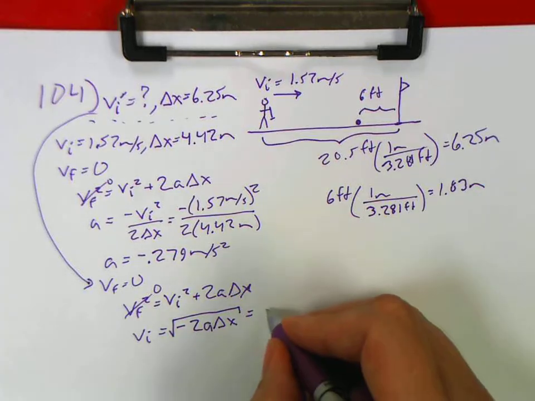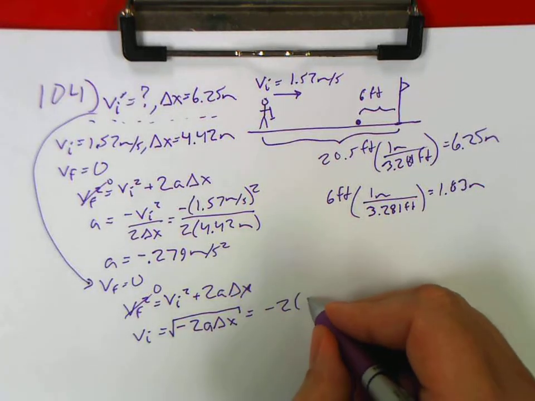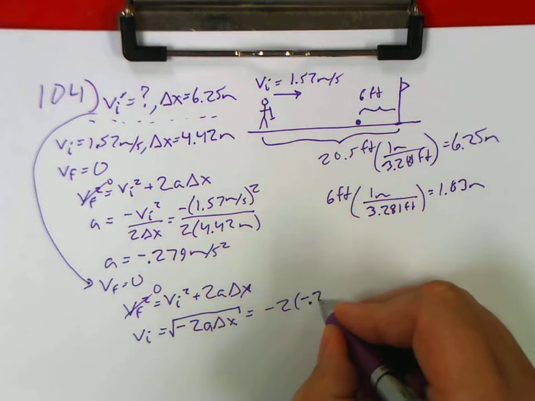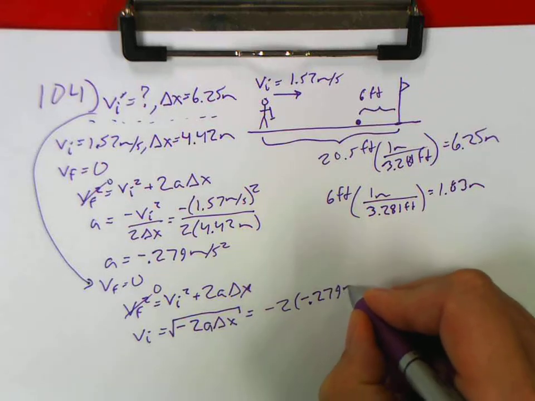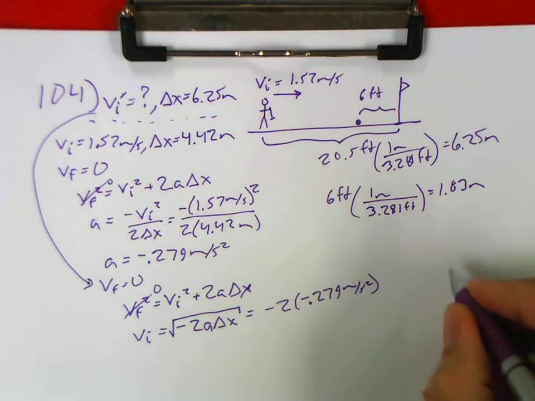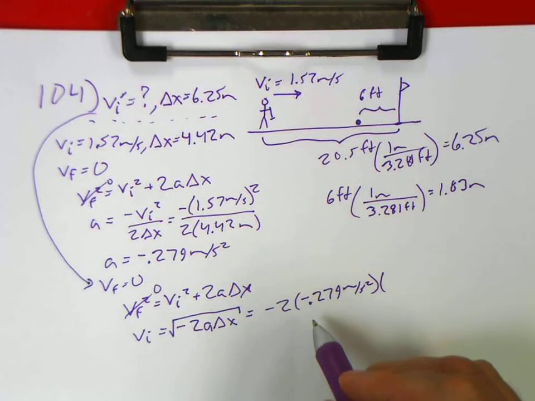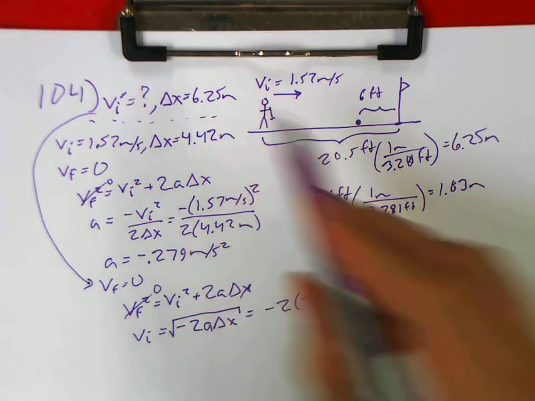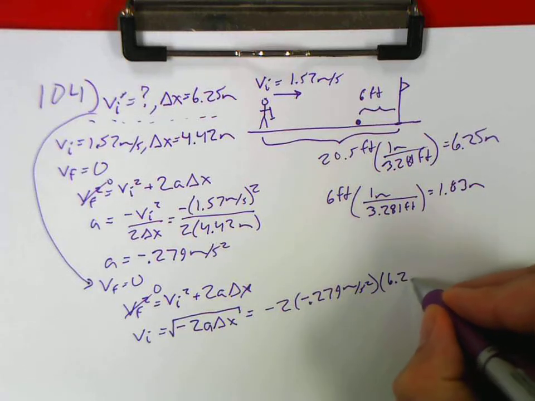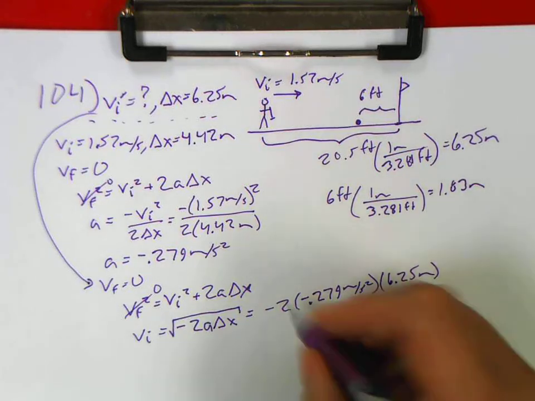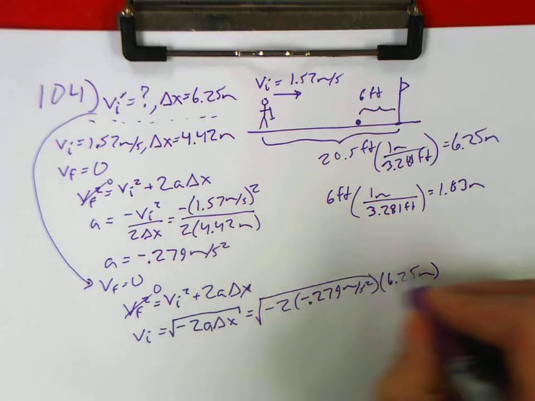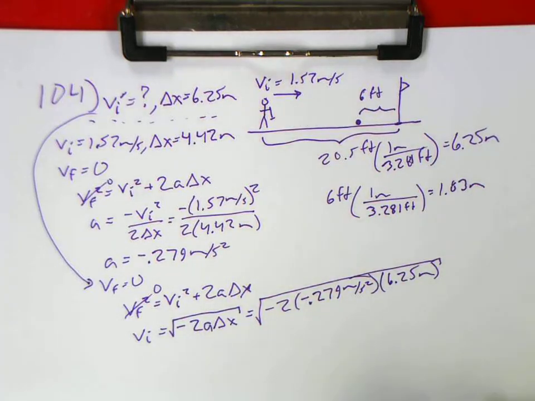All right, so negative 2 times negative 0.279 meters per second squared multiplied by delta x, which for the entire trip was 6.25 meters, and then that mess all gets square rooted.